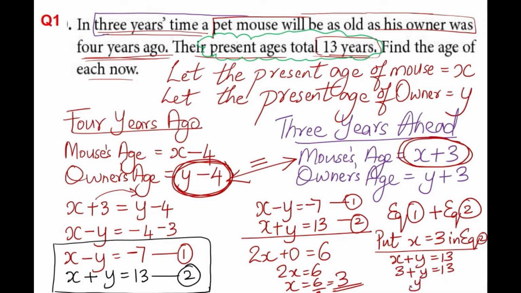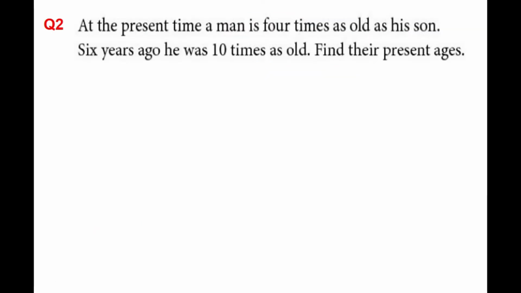For sure, y is going to be 13 minus 3, giving me the 10. The question begins with assuming the present age of the mouse to be x, which is 3 years, and the present age of the owner to be y, which is found to be 10 years.